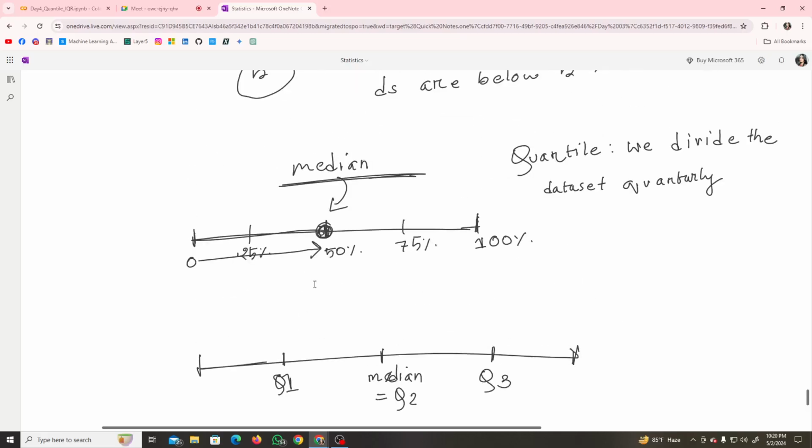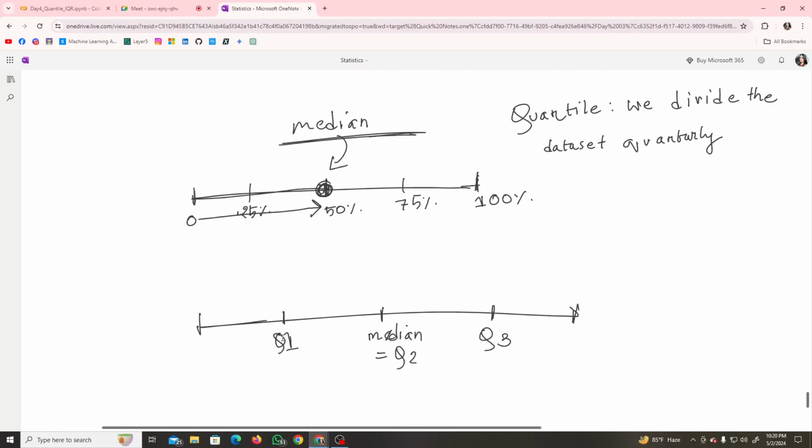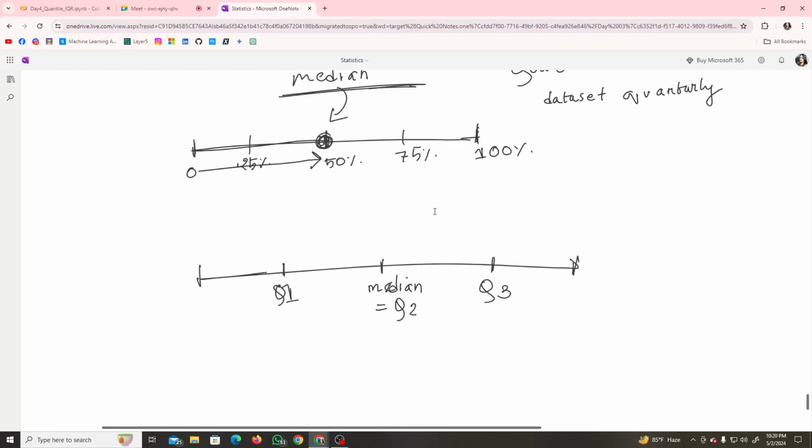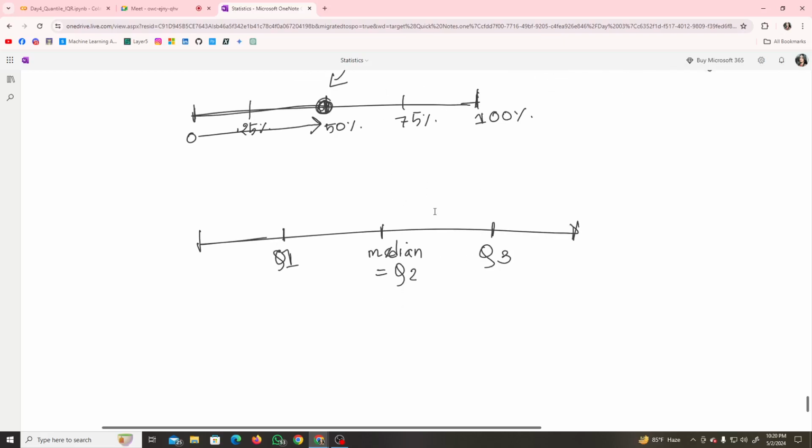Below Q1 you have 25% of your data, below Q2 you have 50% of your data, and below Q3 you have 75% of your data. And what is the lowest and the highest value of any dataset? The lowest value is known as min and the highest value is known as max, right?